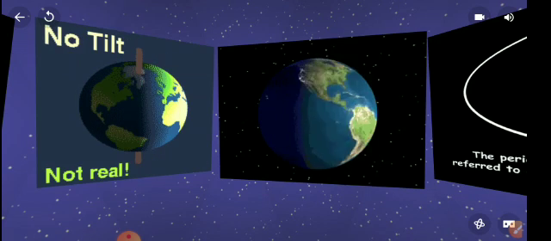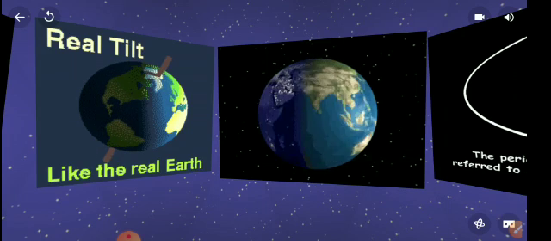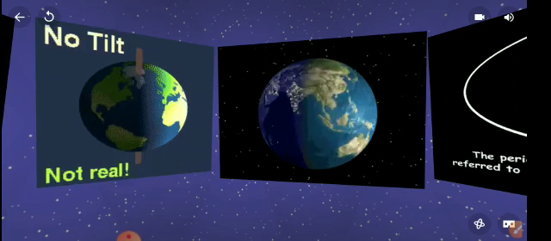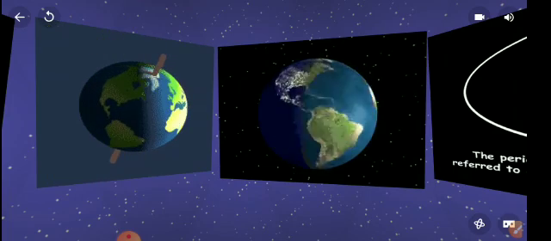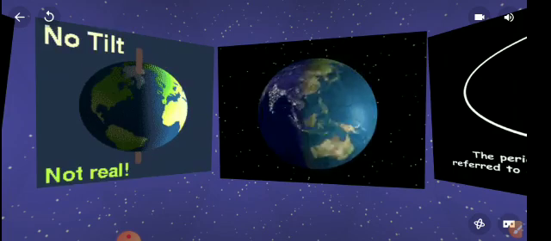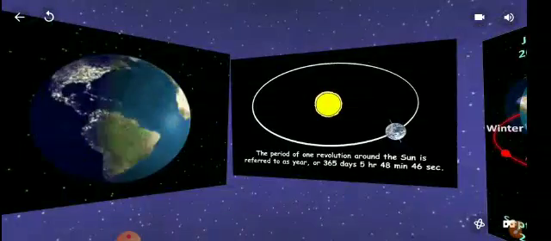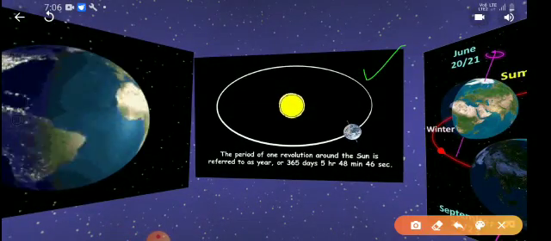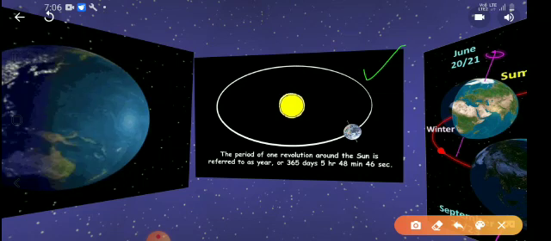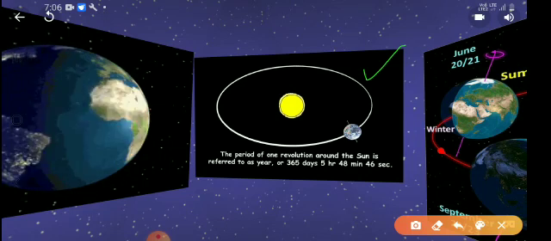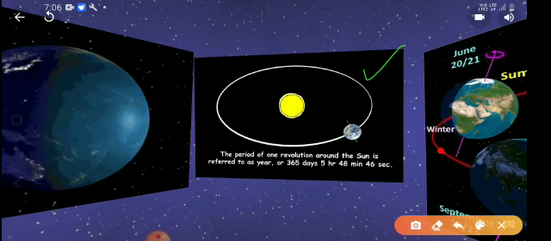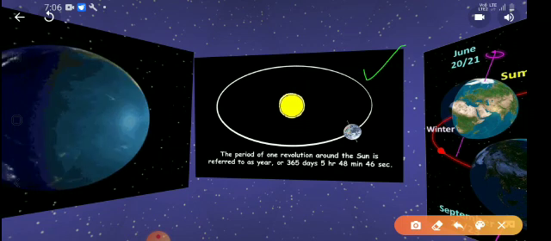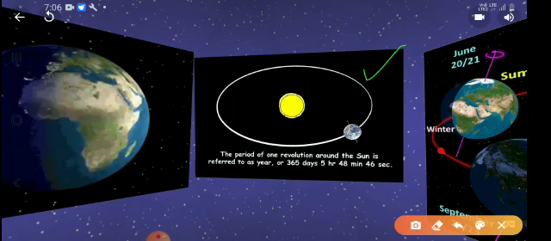So you got to know what rotation is, what the orbital plane is, what the circle of illumination is, and what an earth day is. Okay students, let me enter into the next motion, that is revolution. As you know, the earth revolves around the sun, as I said earlier. That is called revolution.